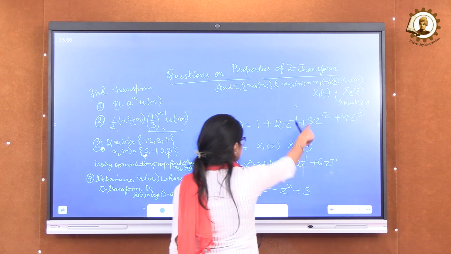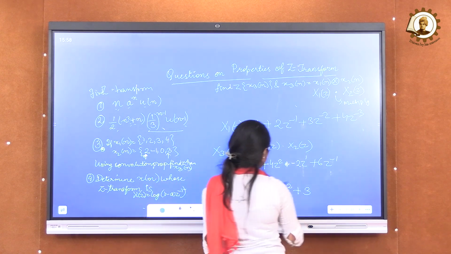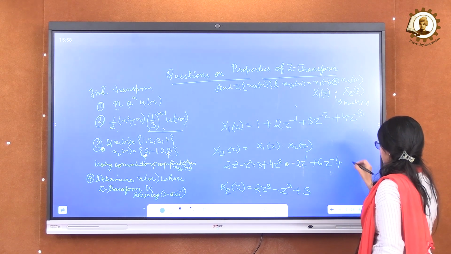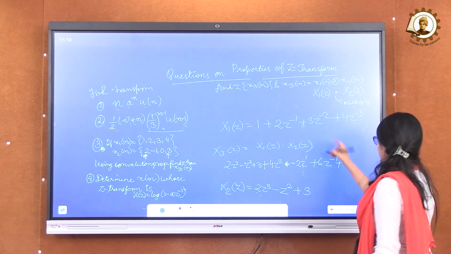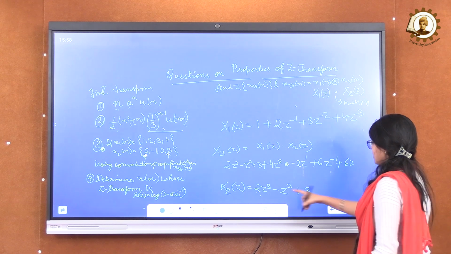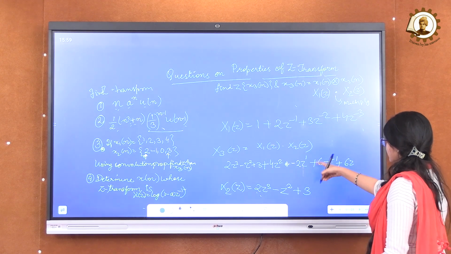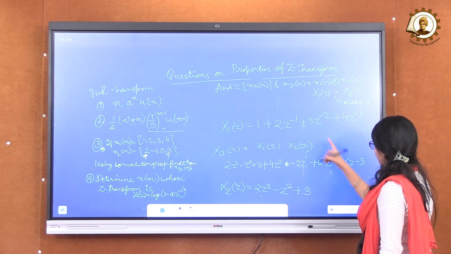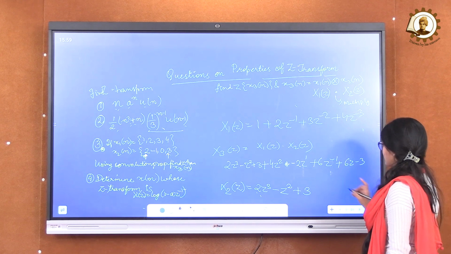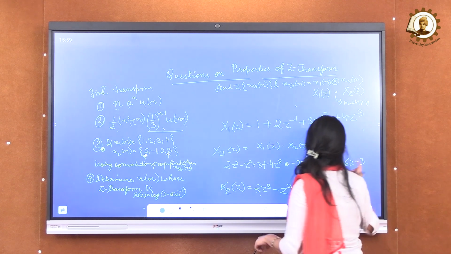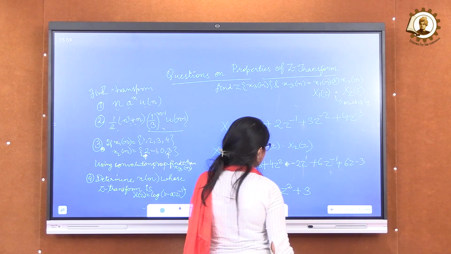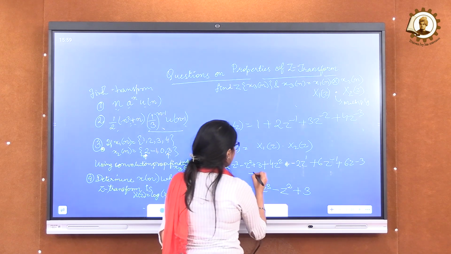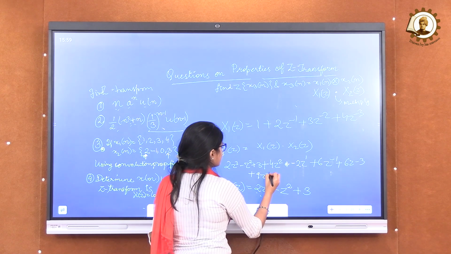Okay. Now 3z to the power minus 2 multiplied with each of them. In that case 3 into 2 is 6 and 3 minus 2 is 1. Then again this one with this one, it will give you minus 3z square, minus 2 plus 2 will become 1. So that is 1 over here, and 3z to the power minus 2 multiplied with this 3 will give you 9z to the power minus 2.